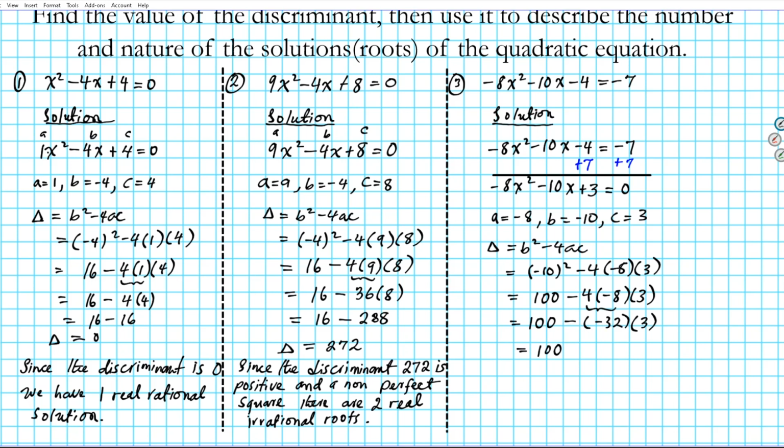So 100 plus 32 times 3. We multiply 32 by 3 and get 96, so 100 plus 96, and when you combine these two, you get 196. This is a perfect square because 196 is the same thing as 14 raised to the second power.